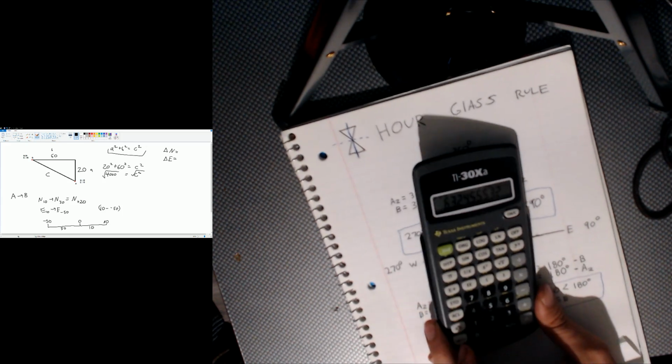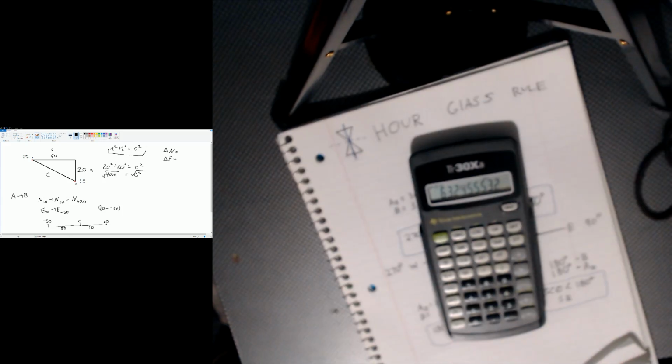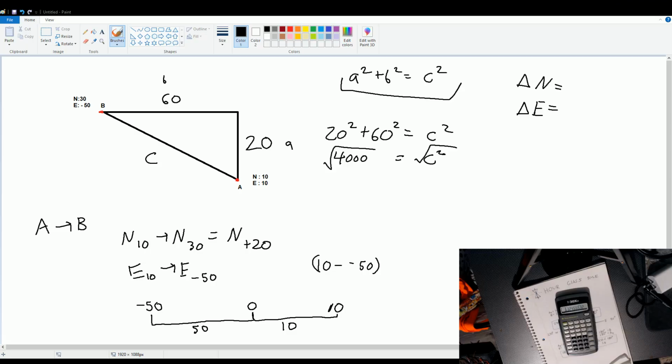We get 63.24 and change. There we go. C is equal to 63.2455.